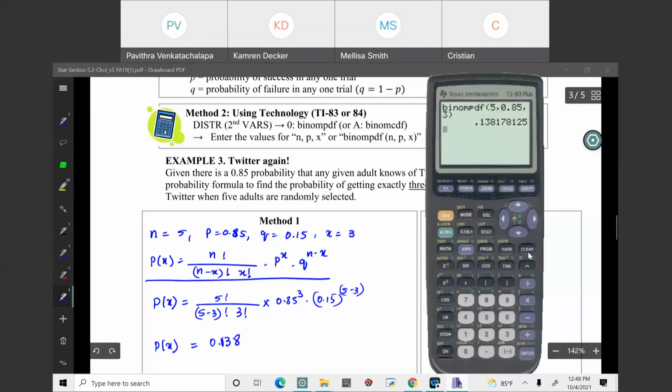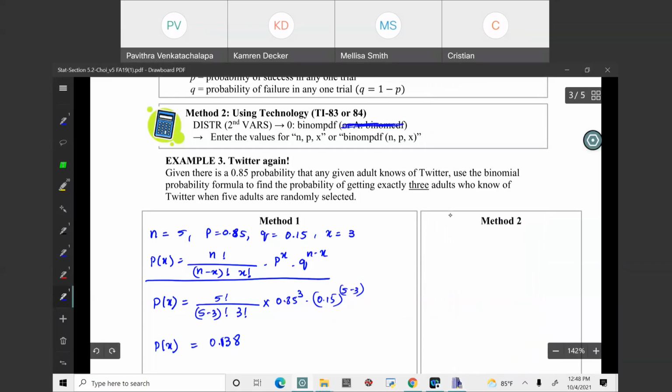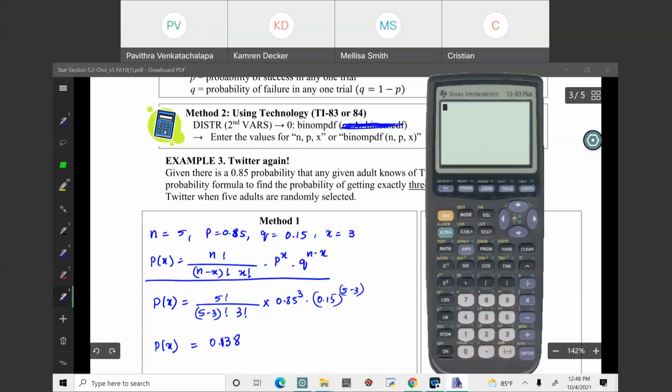Okay, so let me do it again. So this was not A, this is 0. Don't use this. This doesn't work. Second, go to 0 here, enter binomial PDF and enter the values, which is 5, 0.85, that is n, comma, p, comma, x always, and 3.